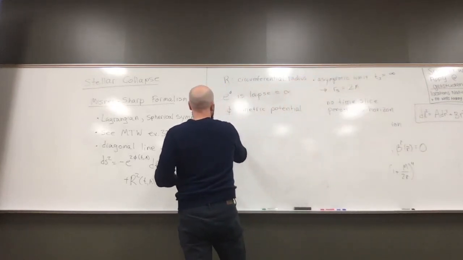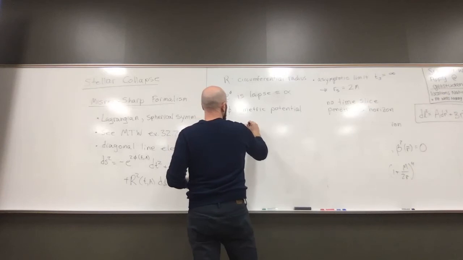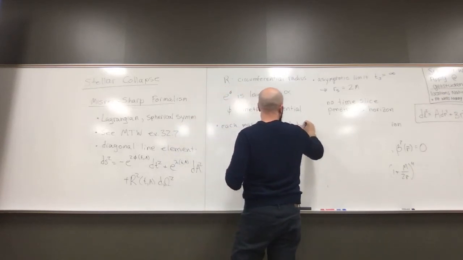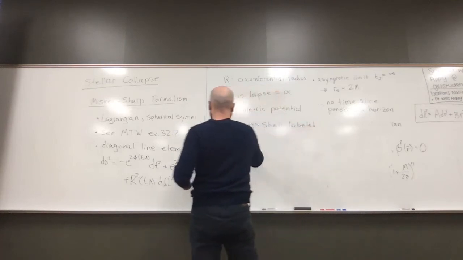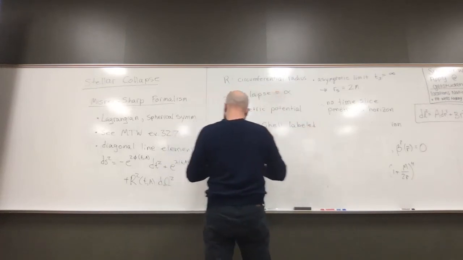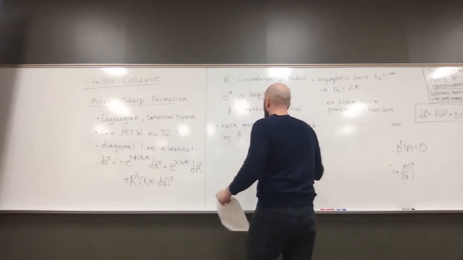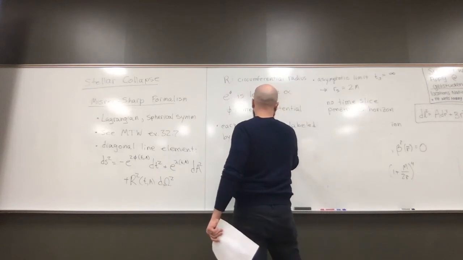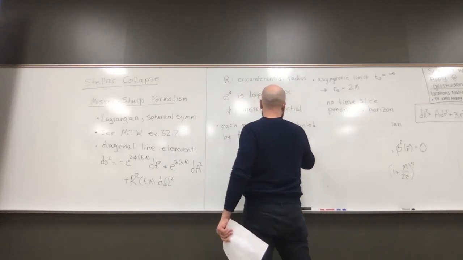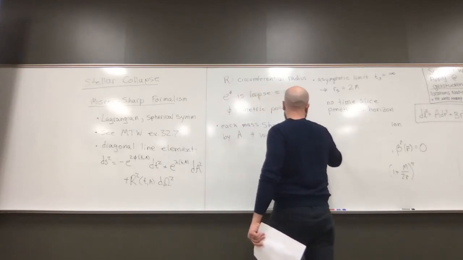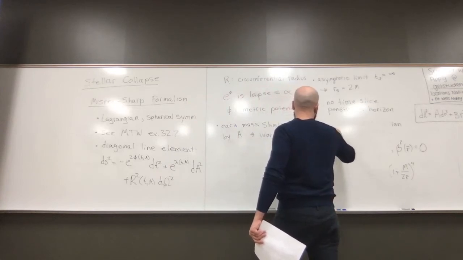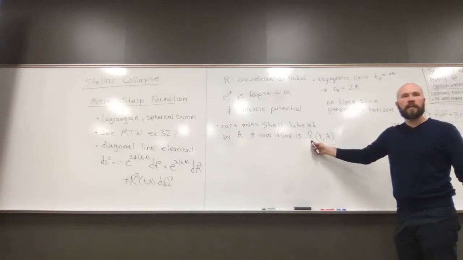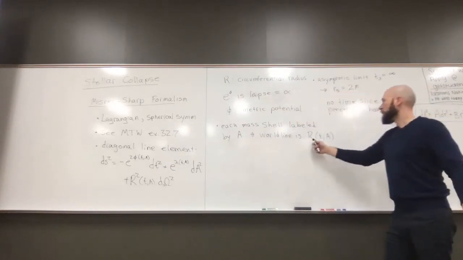Okay. Now each mass shell is labeled by A. So this is like my mass coordinate. And the world line of a mass shell is R as a function of time and A. So this is a radius, right? This is a mass coordinate, and this is the radius.